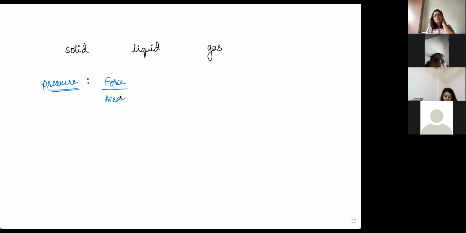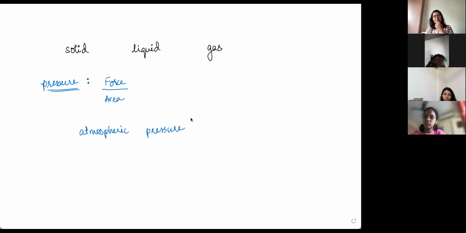And pressure is also useful in a very general sense, when we have a large amount of area. For example, you must have come across atmospheric pressure, right? Do you know what atmospheric pressure is?